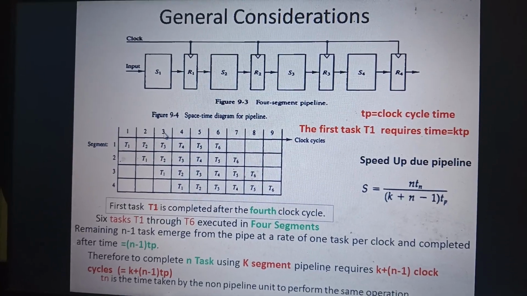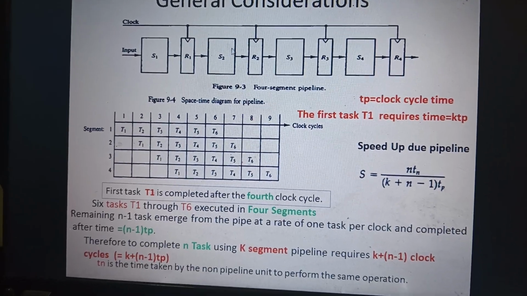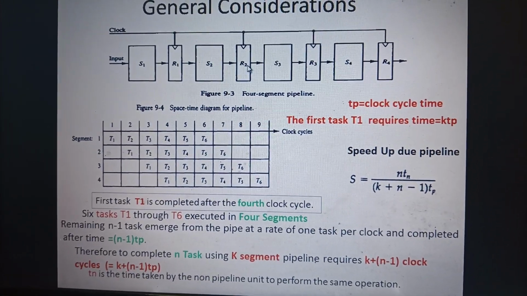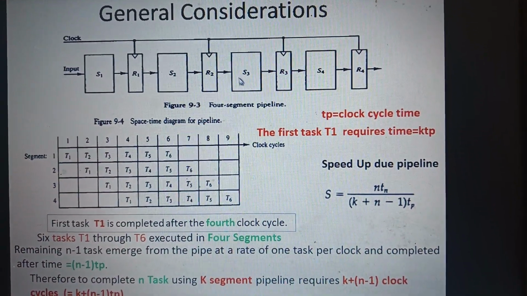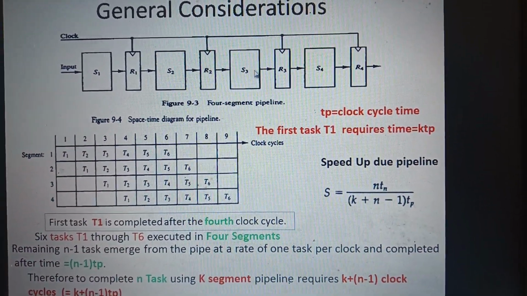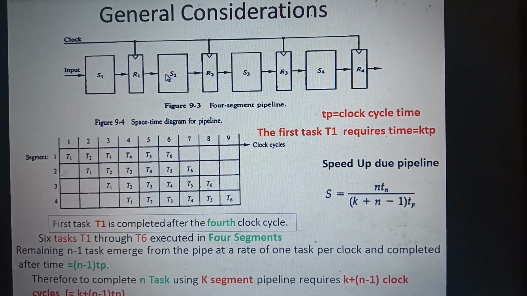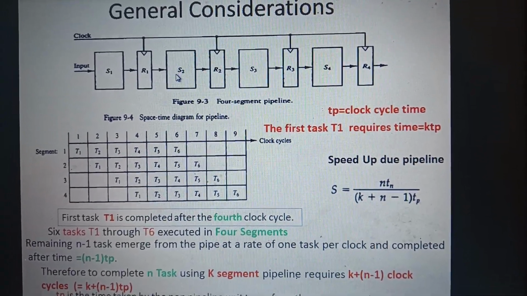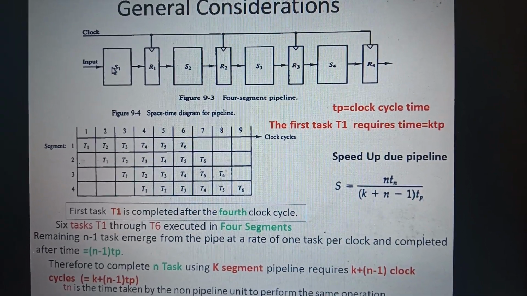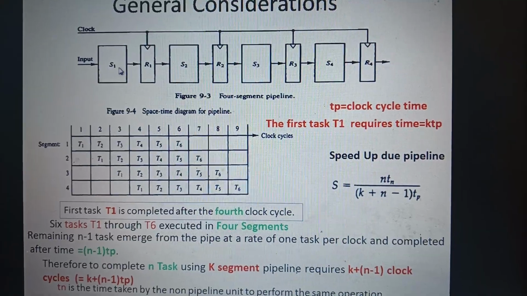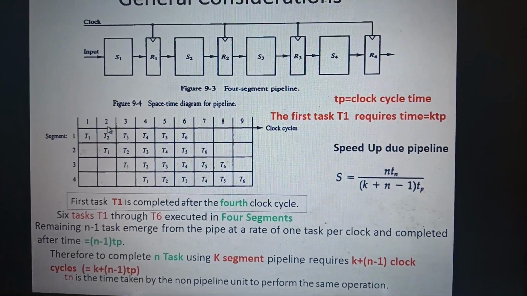Similarly, in the third clock pulse, the output of R2 is given as input to S3. The third sub operation of task 1 is performed by S3. The second sub operation of task 2 is performed by S2. The first sub operation of task 3 is performed by S1. That is shown here.